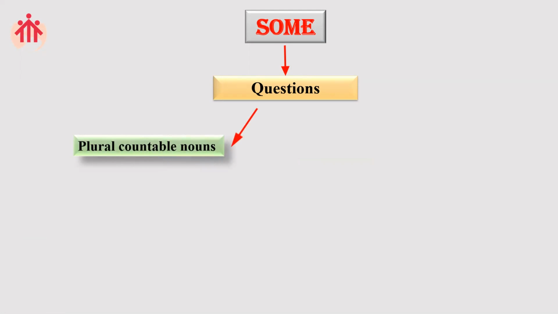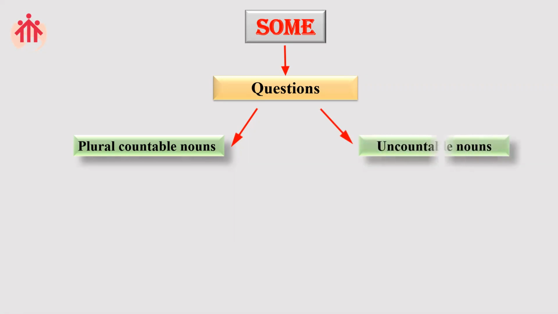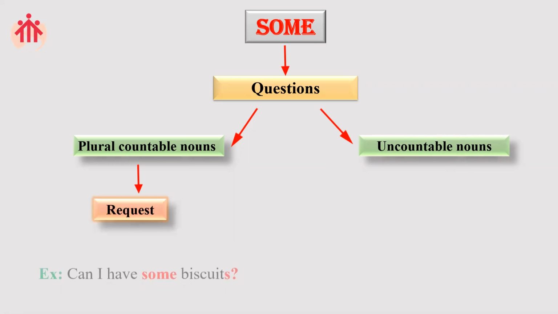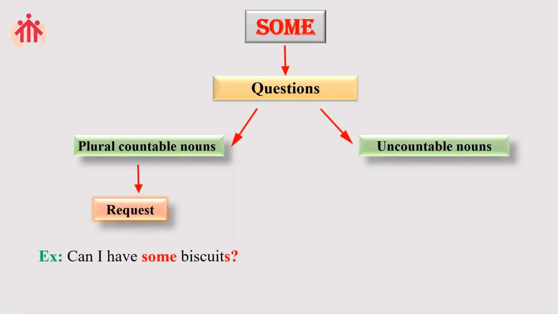Some again comes in questions or in interrogative sentences. It comes before plural countable nouns and uncountable nouns. It comes before plural countable nouns in requests. Example, can I have some biscuits?